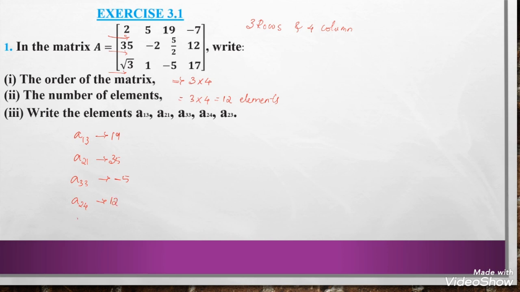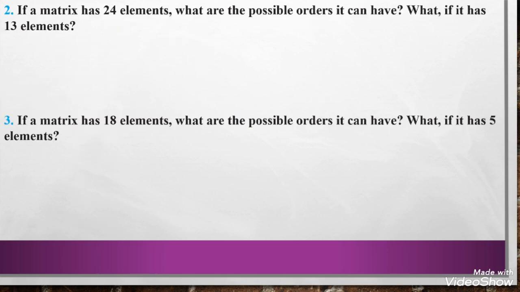And A23 is the second row, third column, which is 5 divided by 2. Based on the position, we have to take the elements. Any doubt regarding the first question? Write your doubt in the comment box. Now let us move on to the second question.